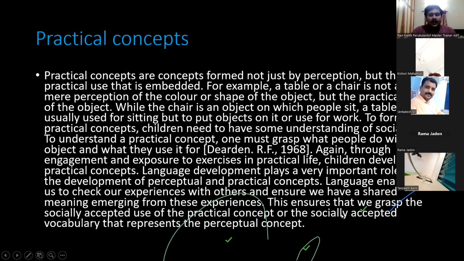This ensures that we grasp the socially accepted use of the practical concept or the socially accepted vocabulary that represents the perceptual concept. So once they know the language, they get to understand that the practical and perceptual concepts are having some social effect on them.